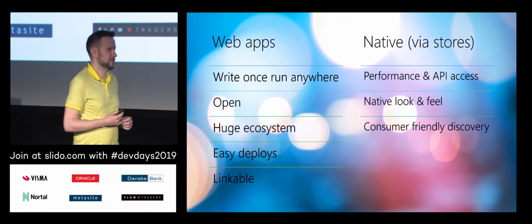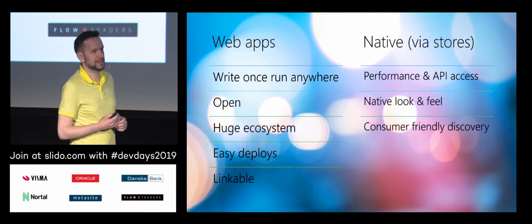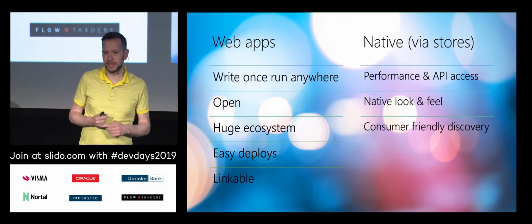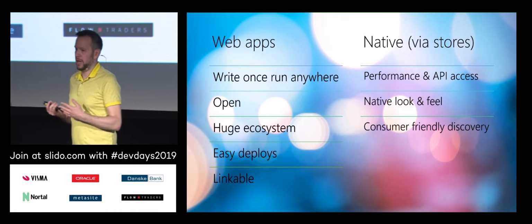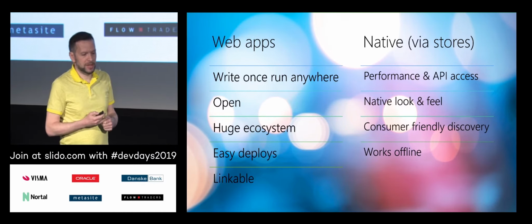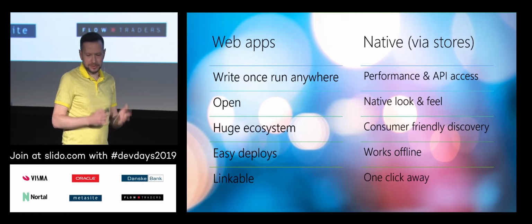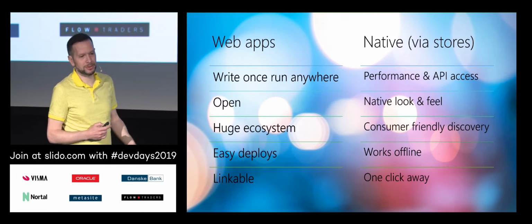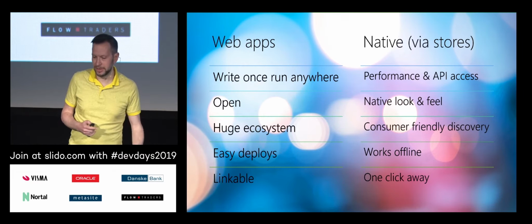App stores, despite all of their problems with discoverability, are still a user-friendly way to acquire apps, and this is how most people like to acquire them. Native apps usually work offline by default, and we install them into our start menus and onto our home screens, and they are always one click away.